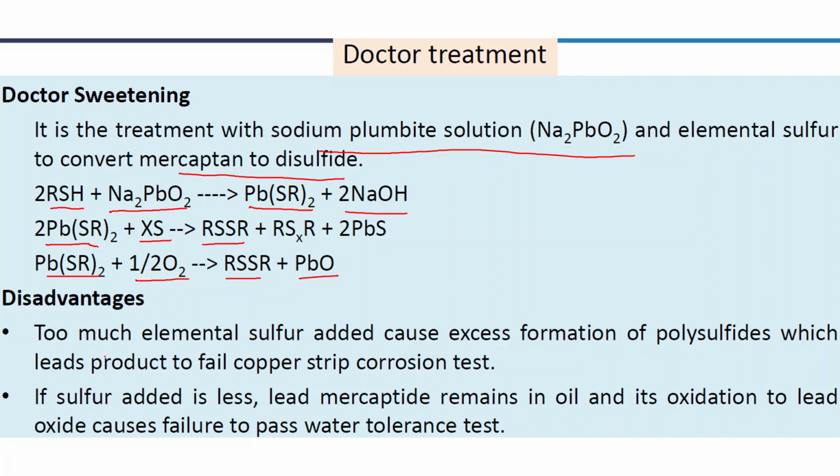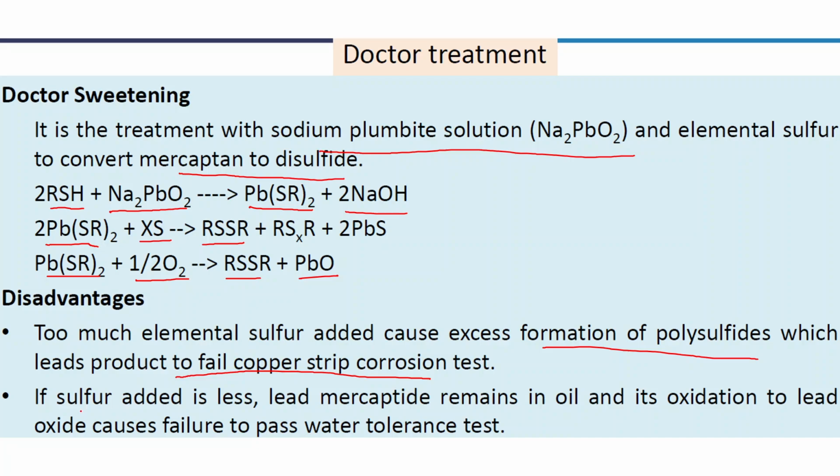Too much sulfur, excess sulfur, cannot be used in this, because if we use excess sulfur, it leads to the formation of polysulfides, which cause more corrosion in our petroleum products.